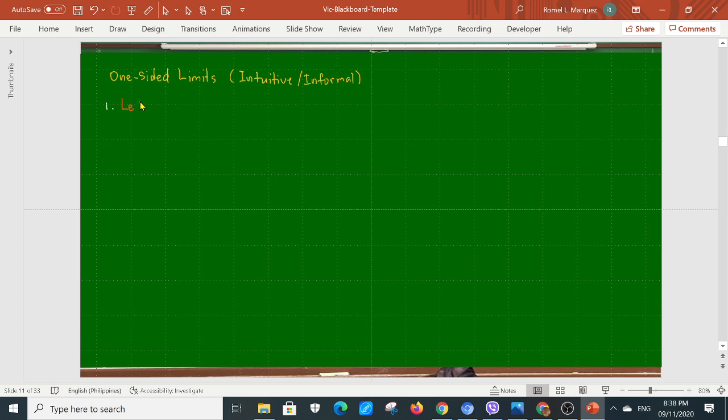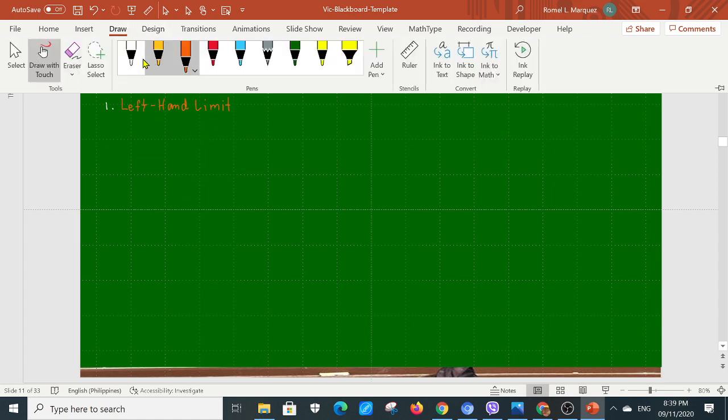So when you say left hand limit, this is how we define it.